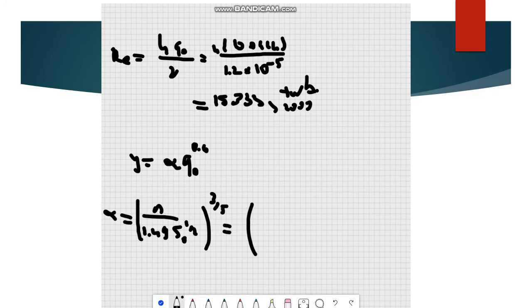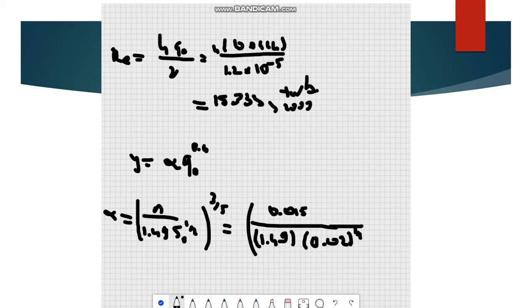The roughness n is the Manning coefficient 0.015, over 1.49, in parentheses, multiplied by S0, the slope 0.02, square root, and this power 0.6, which is 3 over 5.